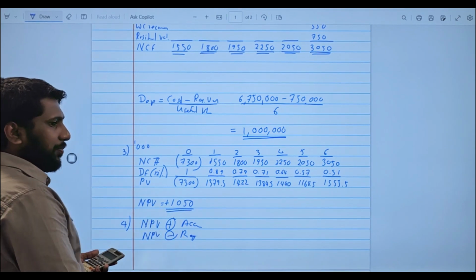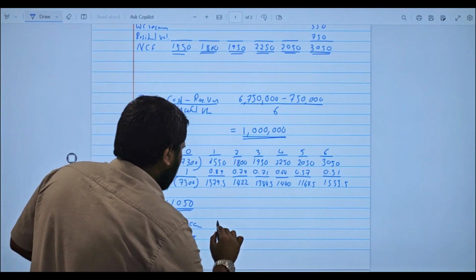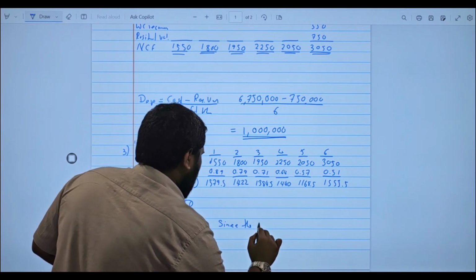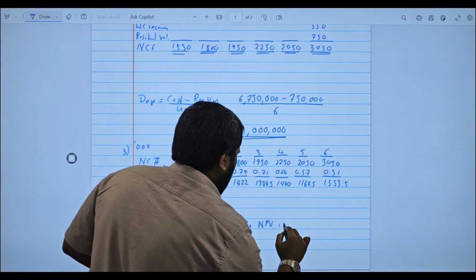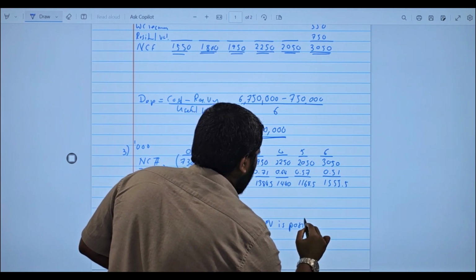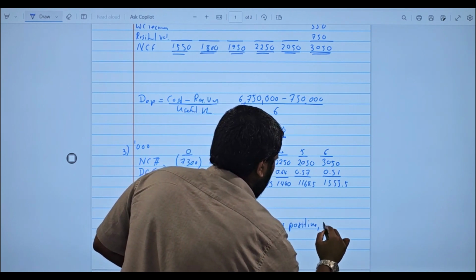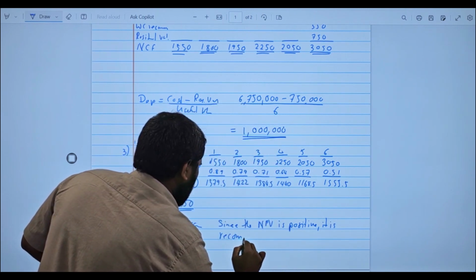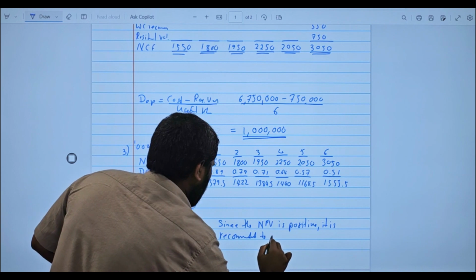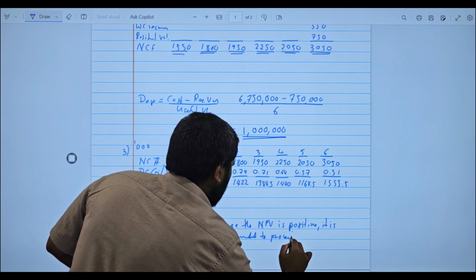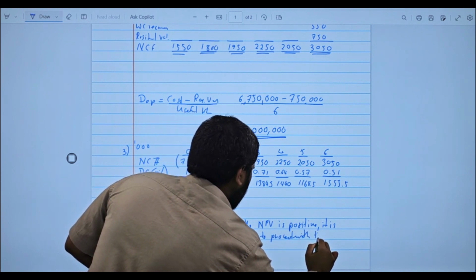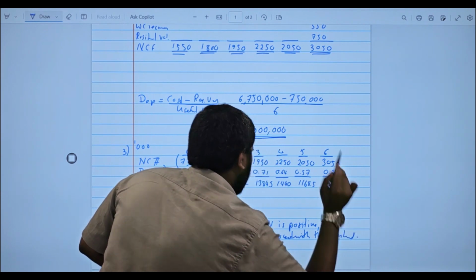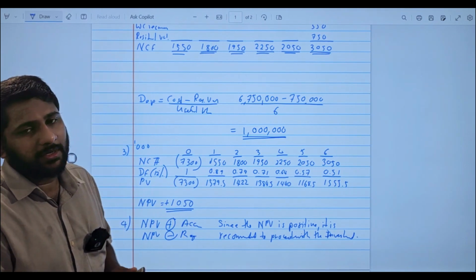So this is a positive NPV, then you can write the recommendation: since the NPV is positive, it is recommended to proceed with the investment.